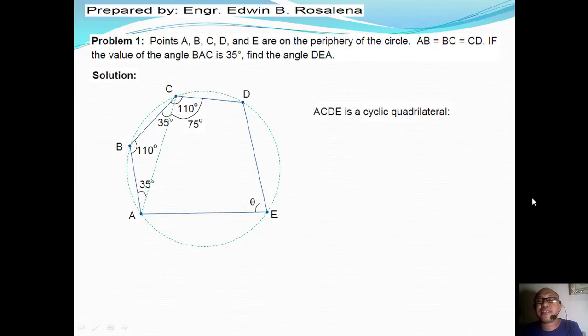So if you sum up, 75 plus theta, that is equal to 180. And theta is equal to 105 degrees. Okay? So that is using the property of the cyclic quadrilateral in which the opposite angles, when you add up, that is equal to 180 degrees.